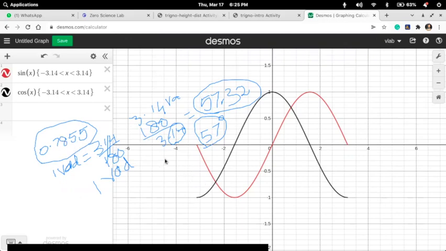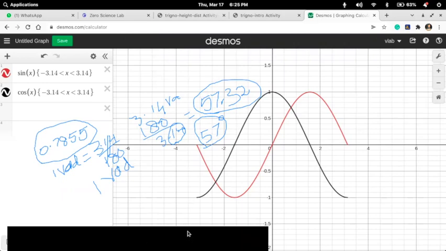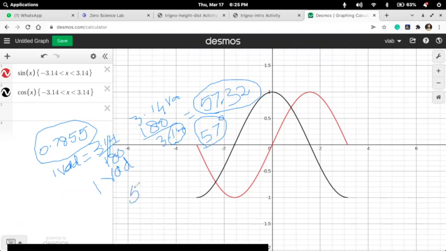57 multiplied by 0.8, that is 8 divided by 10.